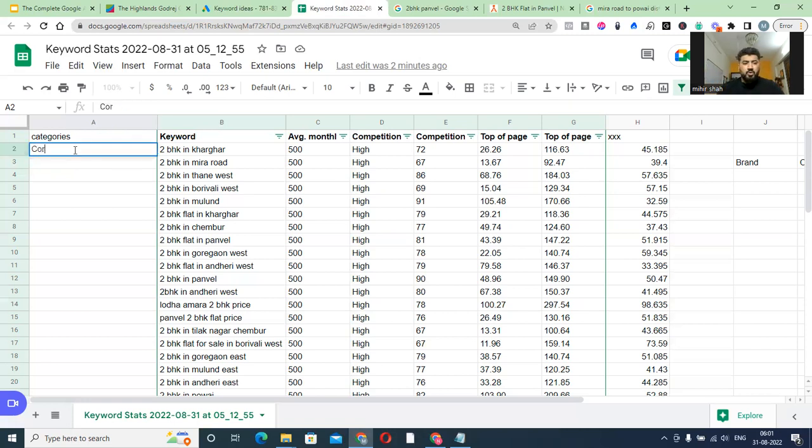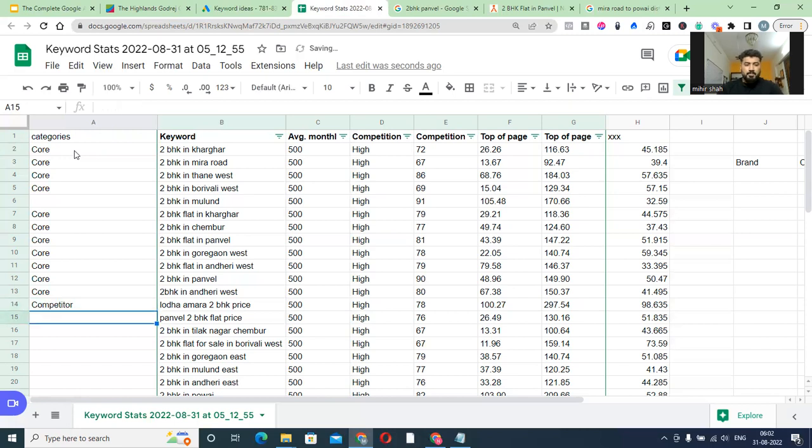So this looks pretty core to me. Mira Road, Thane, Borivali, Mulund, again Kharghar, Chembur, Panvel itself, Goregaon, Andheri. Okay, now we have Lodha Amara's 2 BHK price. In this case, because it's Lodha, this goes as competitor.